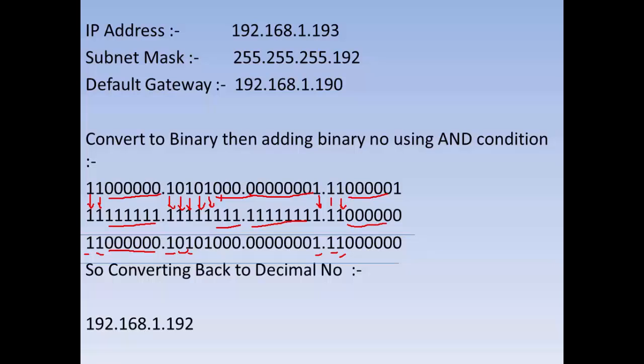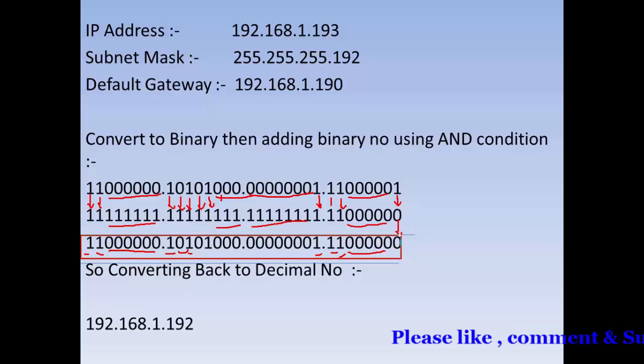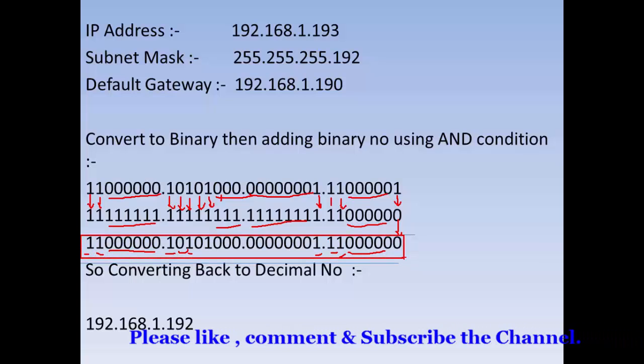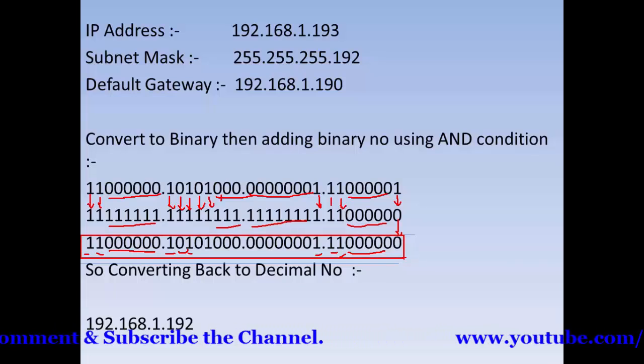When we add 0 and 0, we get 0, and the last 1 with 0 gives 0. So this will be the binary operation of the IP address with the proper subnet mask.